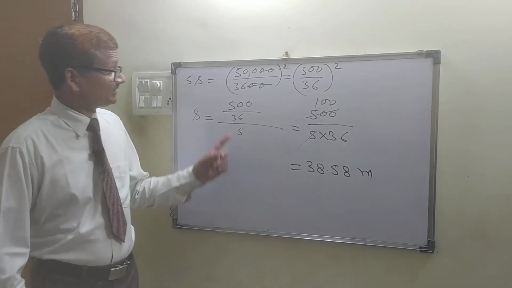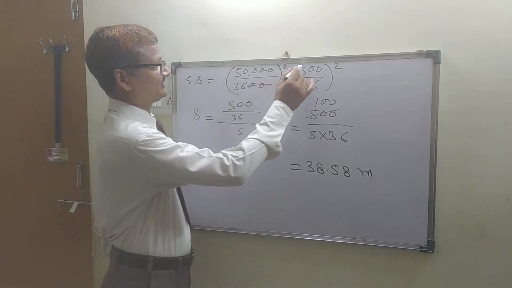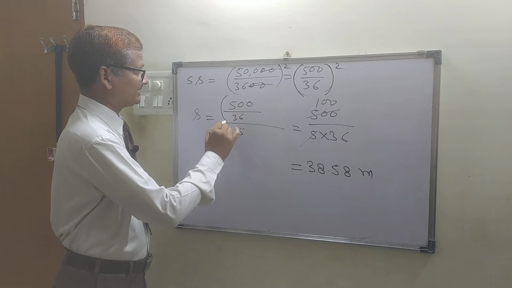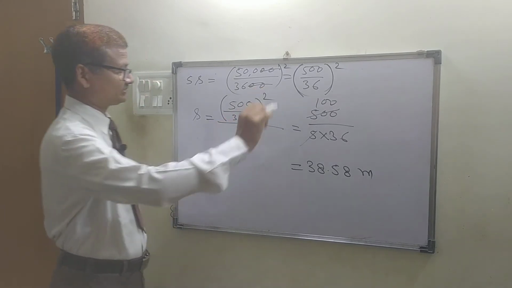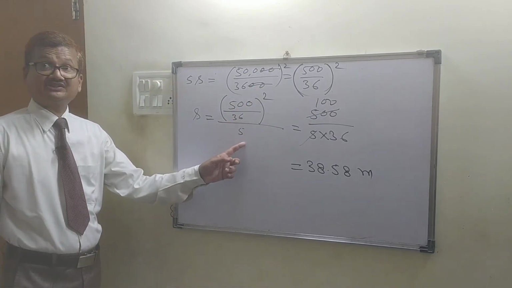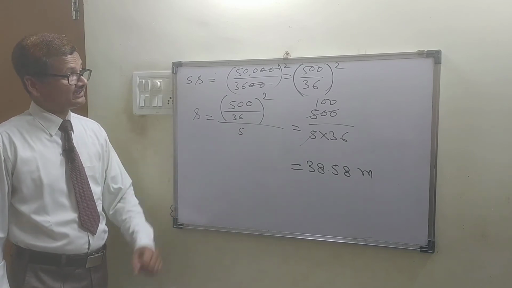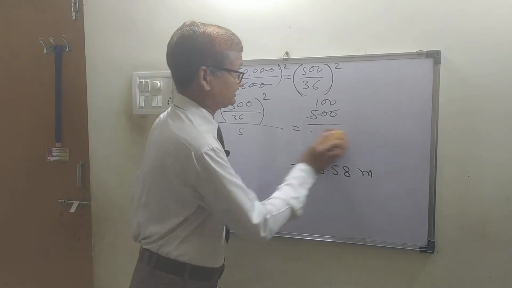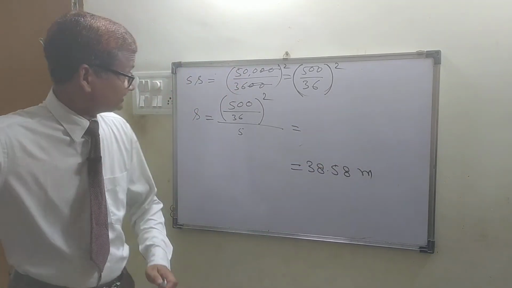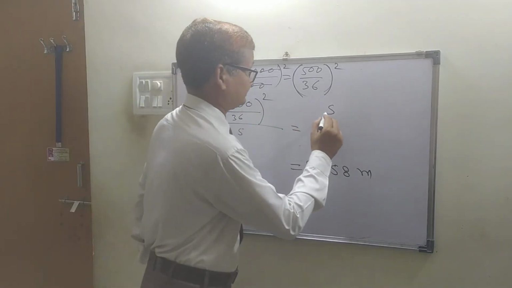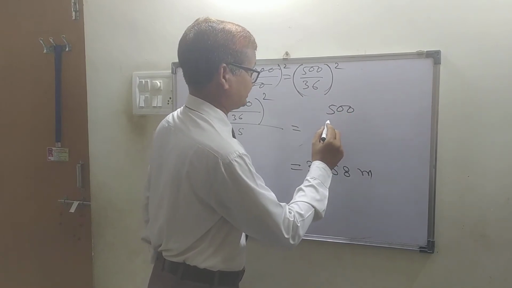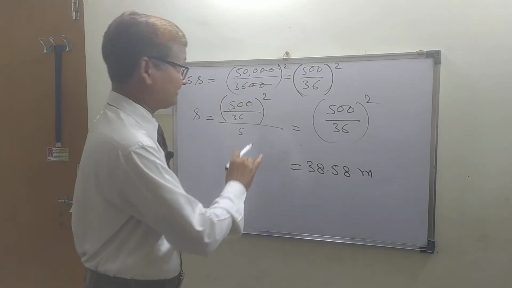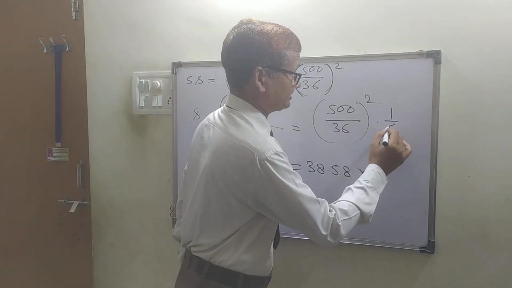Sorry, this is a small correction. In the substitution we did not take the square, so it will be 500 upon 36 whole square, then divided by 5. So this will be 500 upon 36 whole square divided by 5, which means into 1 upon 5.